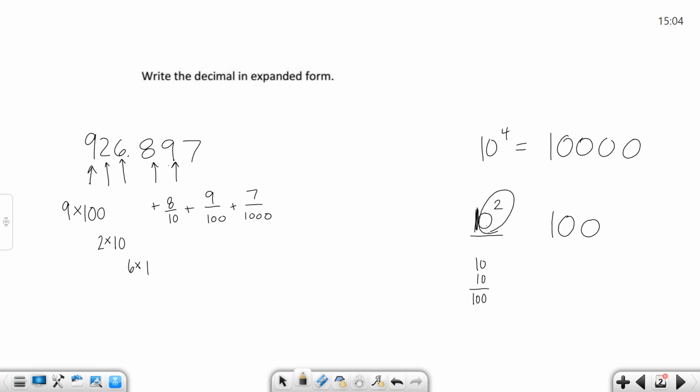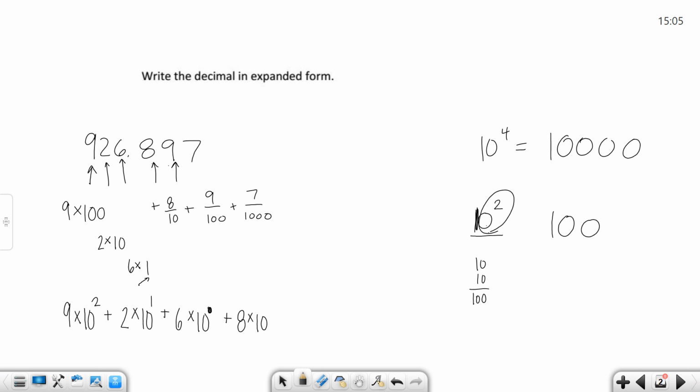So if I asked you to write this in exponential form, this 9 would be 9 times 10 to the second, this 2 would be 2 times 10 to the first, and this 6 would be 6 times 10 to the 0, because there are no zeros right here. So you'd have 0 in your exponent position. Now you get to the 8.